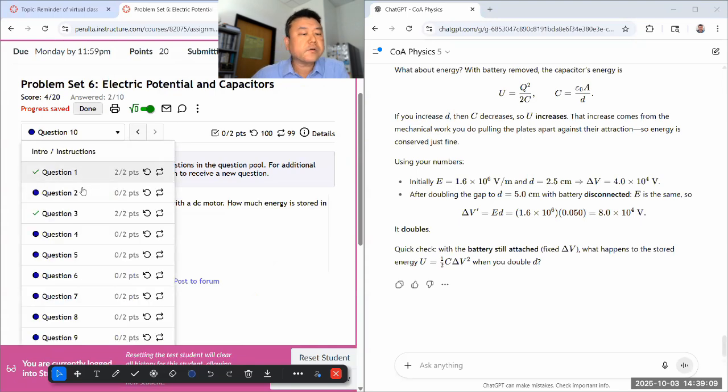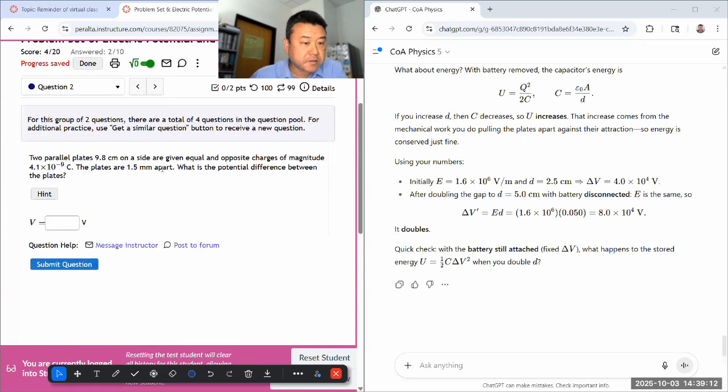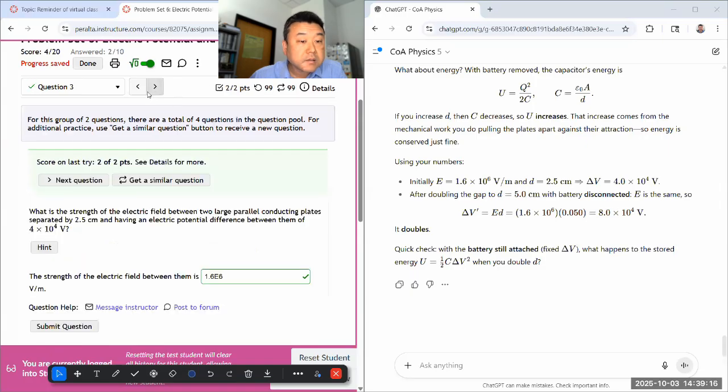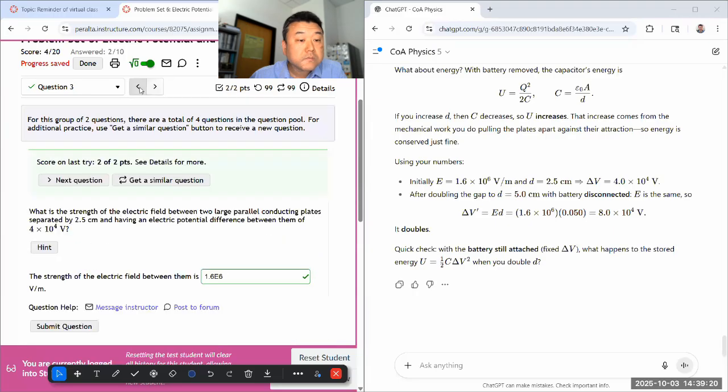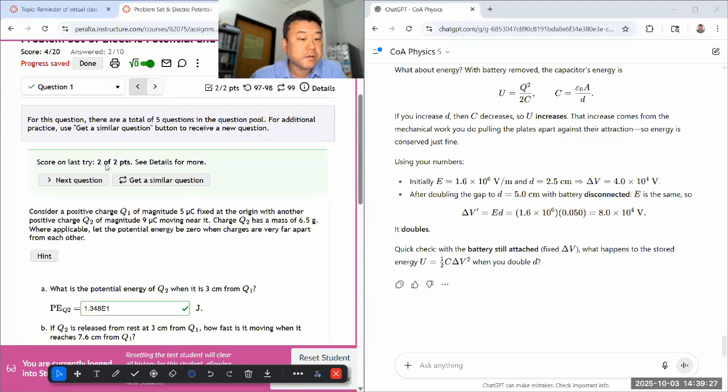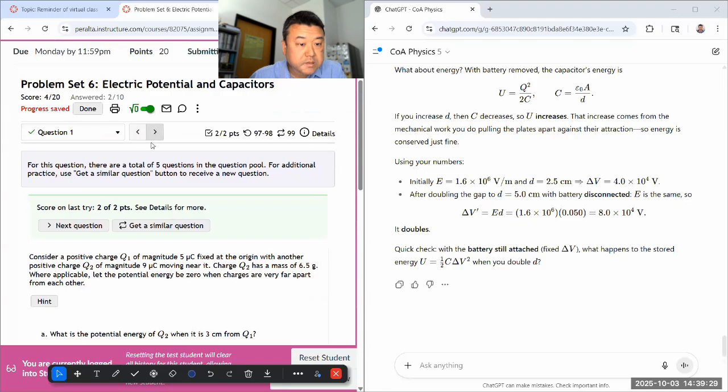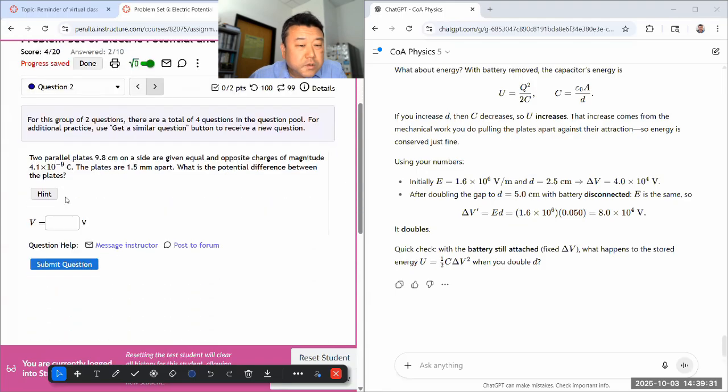Is there nothing spherical in this set? It might be just my luck. Let me see. With this group of 2 questions total, wait, there are 5 questions in this post, so this probably doesn't. 2 questions for parallel plate.